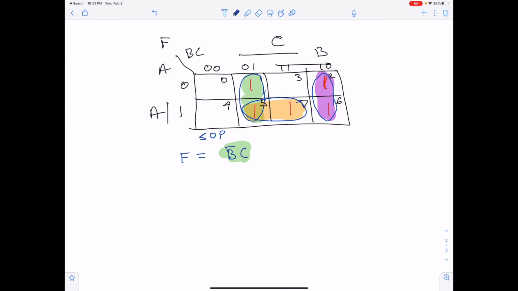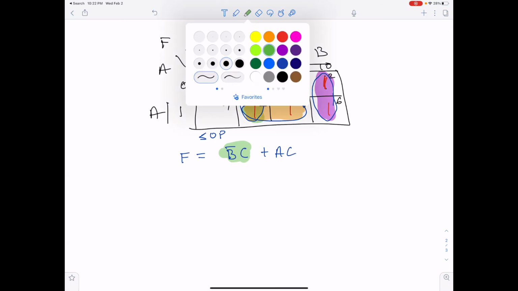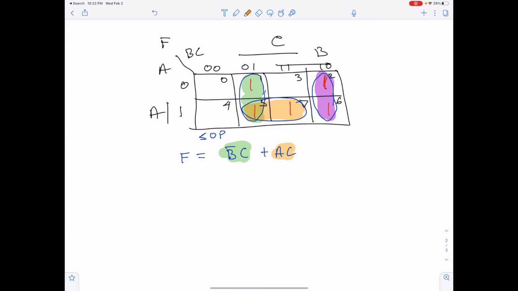And then we can go to the orange grouping, and we are inside of A. We span B, so B drops out, and we're inside of C. So that's the orange grouping. And finally, the purple grouping, A drops out, we're inside B, we're outside of C. Okay, so there's the purple grouping.